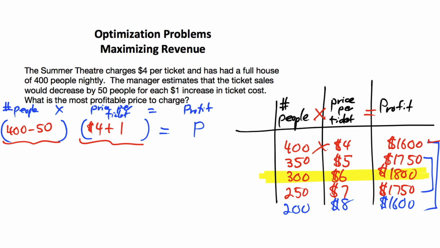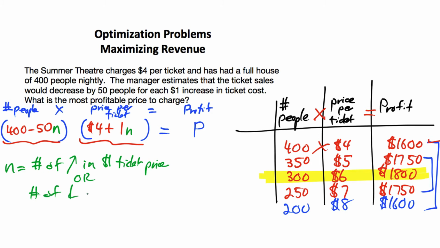And if I do that multiple times, n times, I'm going to let n be the number of increases in $1 ticket price, which would be the same thing as the number of decreases of 50 people. I'm going to use that to change my people and my price.